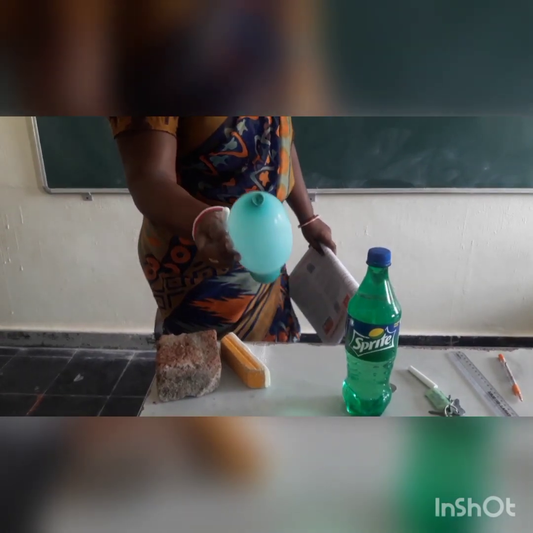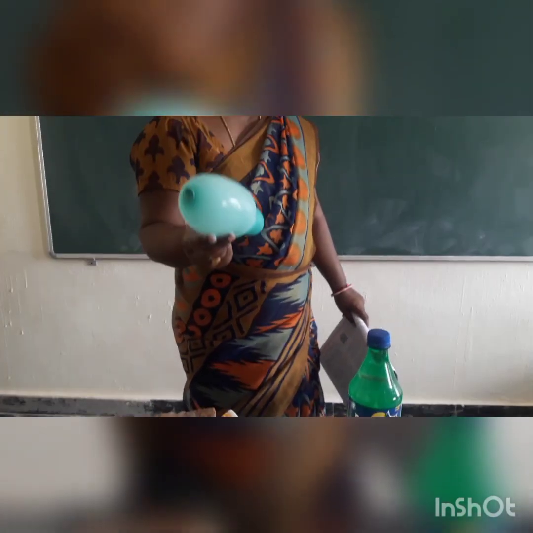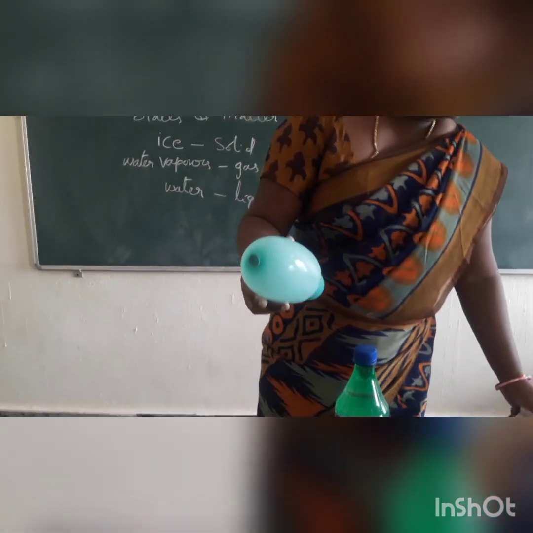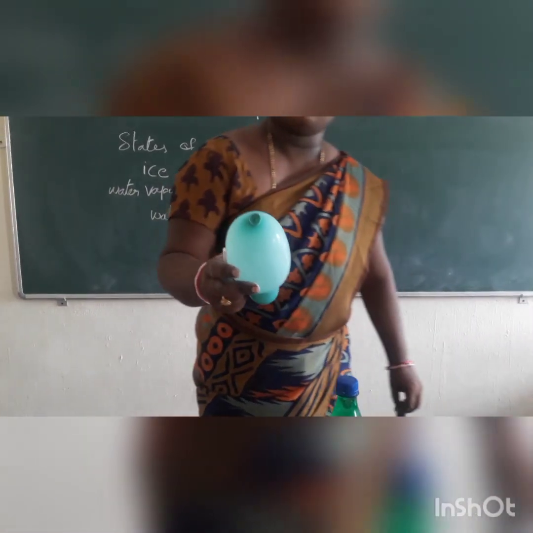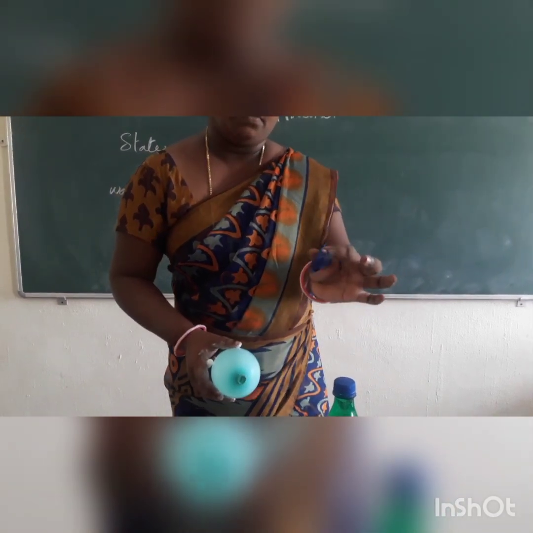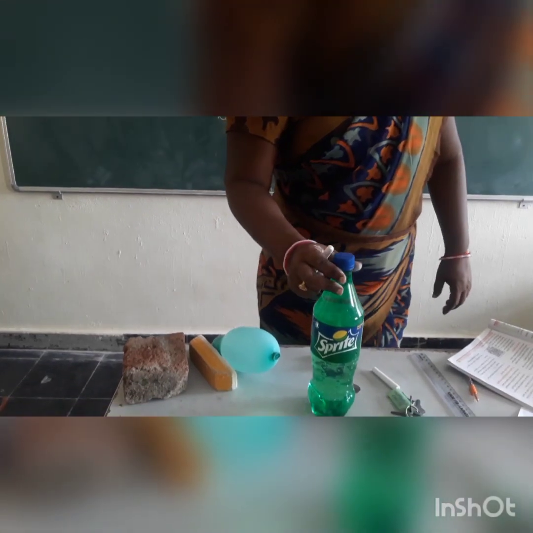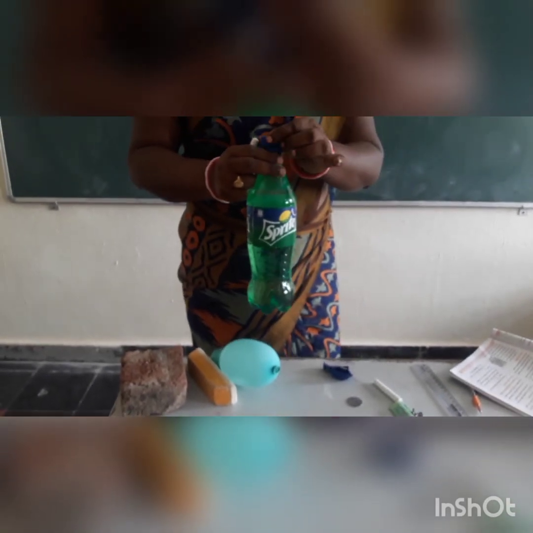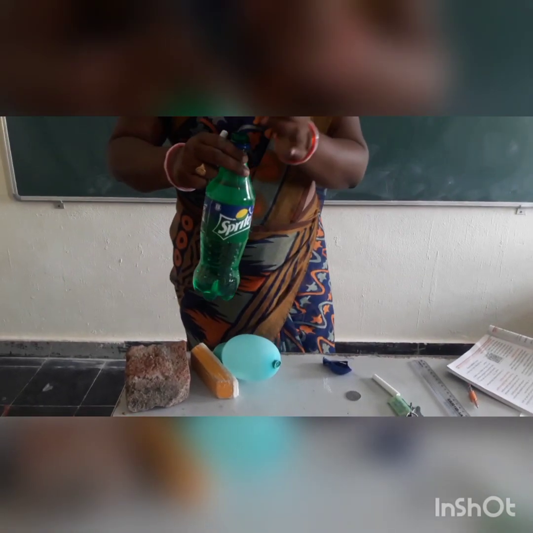Another thing is the balloon. It is filled with some air. It means it is filled with some gas. Look at the bottle. In the bottle, it has some water.